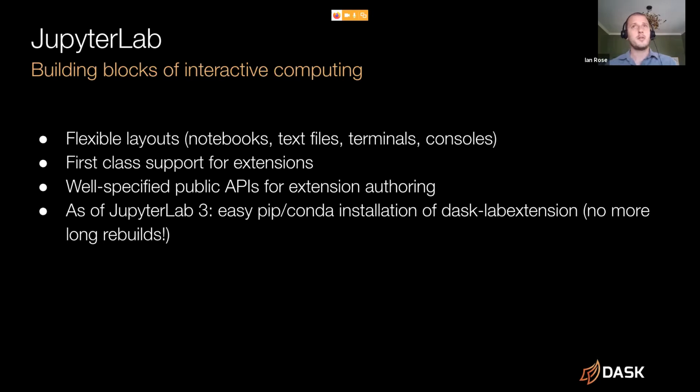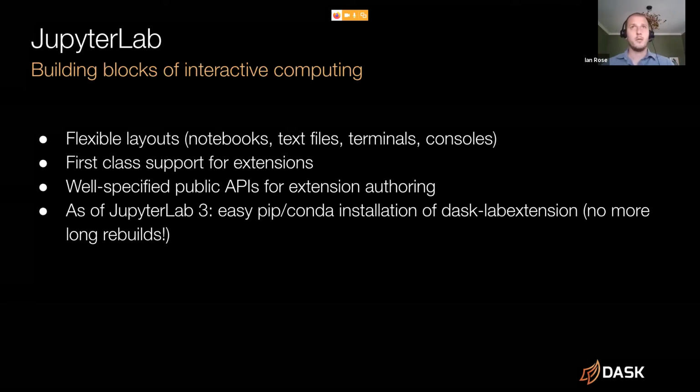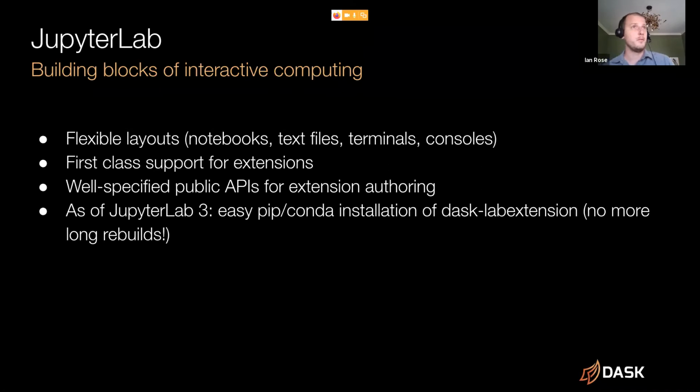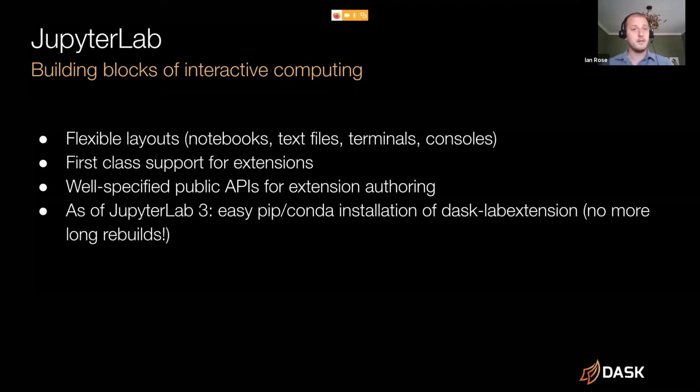The JupyterLab project was an attempt to solve these problems by having first-class support for extensions and having very well spec'd and documented APIs for extension authors to create their own extensions and components that can be added to the Jupyter Notebook interface. When we say first-class support for extensions, we really mean it.